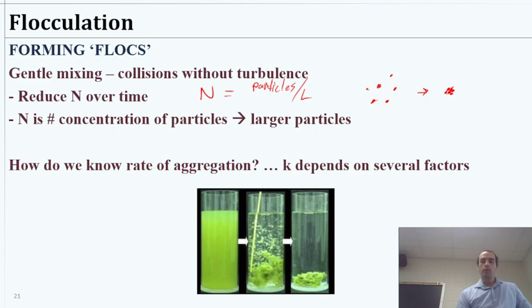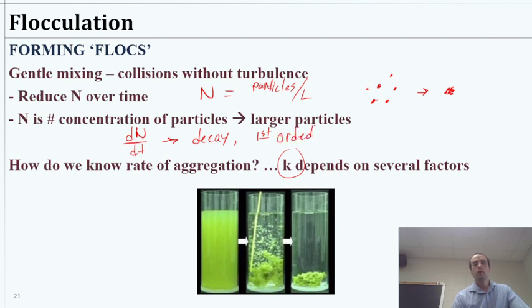Now, the rate at which that happens, the rate constant for N changing, because we want some sort of dN/dt, should be a decay reaction, right? It's going to depend on how many particles are in there, first of all. So we know it's going to be first order, just on the principle that the particles have to collide together, right?